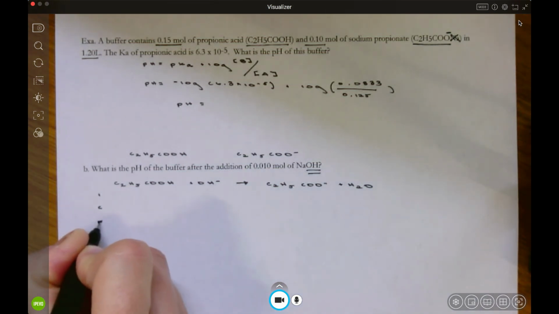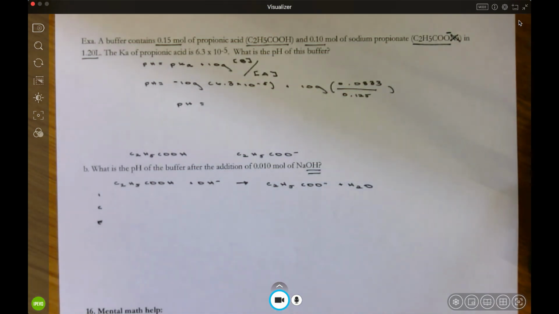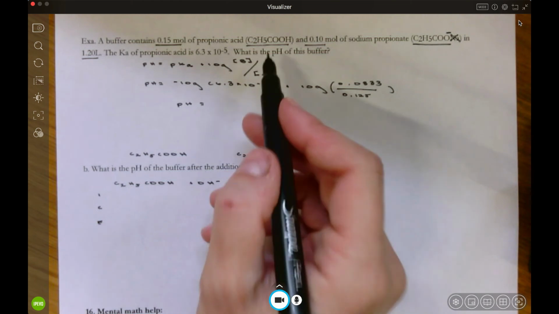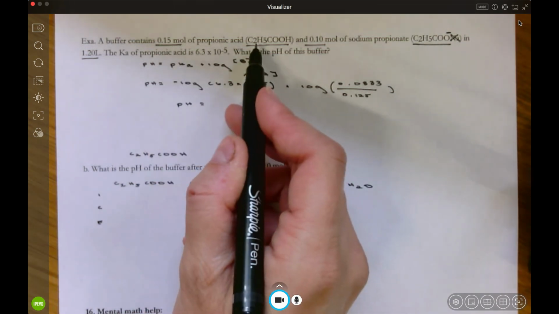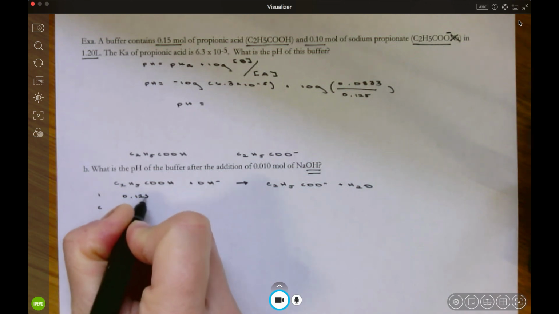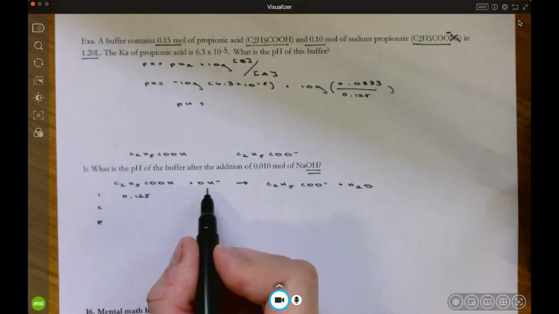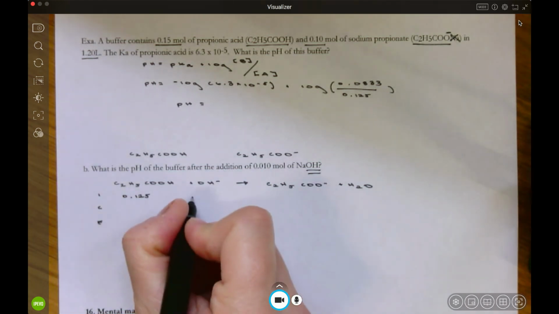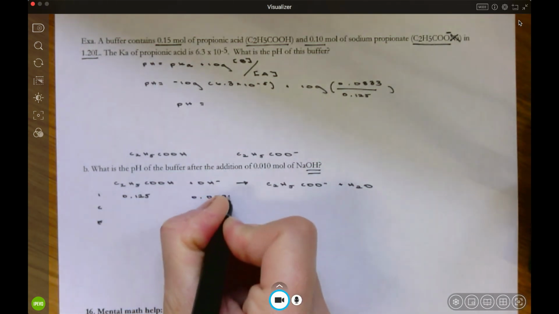If it asks me now to calculate my pH, I need to figure out the initial concentrations of everything. Well, I know my initial concentration of my weak acid. We plugged it in before, 0.125, because we got it by dividing. I know my concentration of my strong base, 0.001 divided by 1.2, and I get 0.00833.